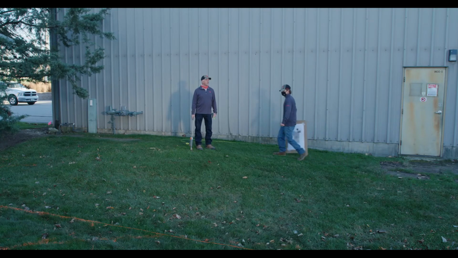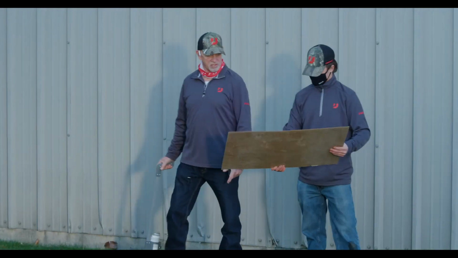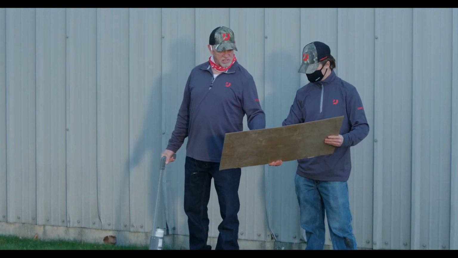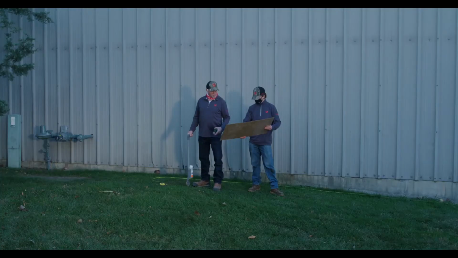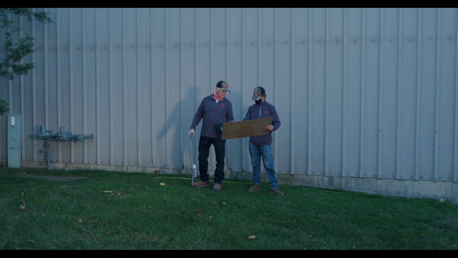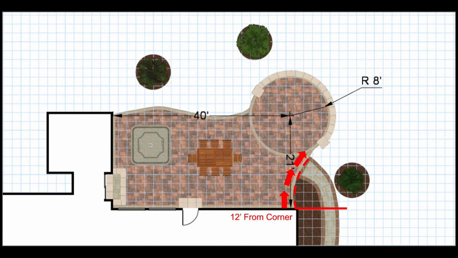Okay, Jim. We've got a few last points to make here on this short side of this patio. It's going to be one true curve. It's going to be dimensioned away. So what is this number at 2 feet? Okay. So we've got a radius of approximately 12 feet. We're able to achieve that radius here by simply measuring 12 feet away.